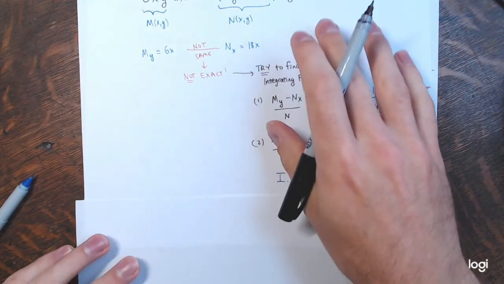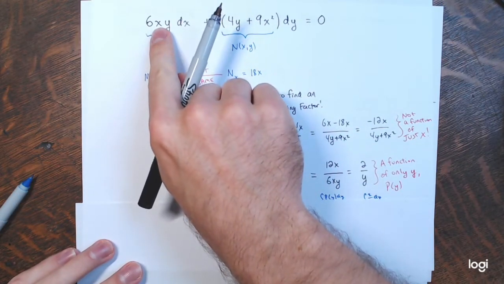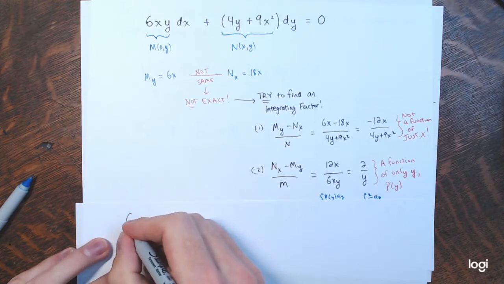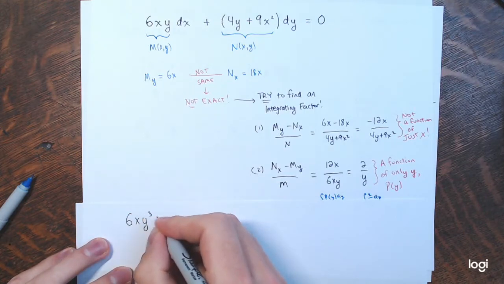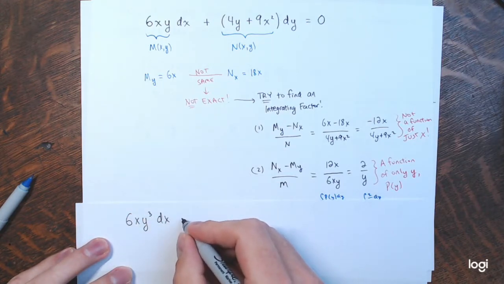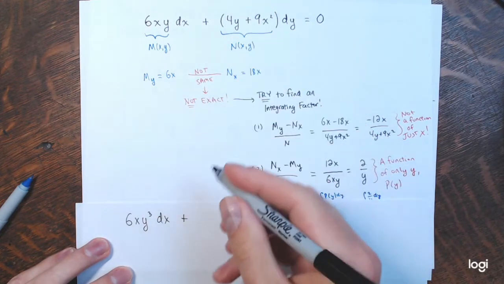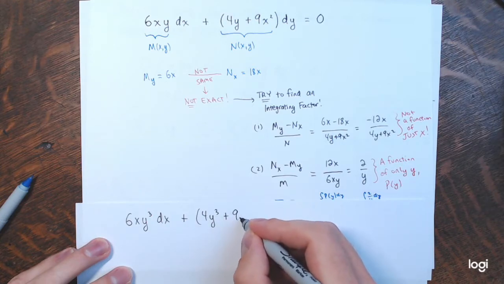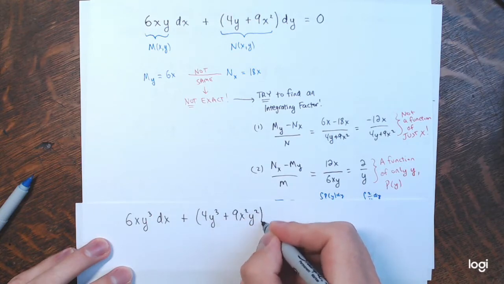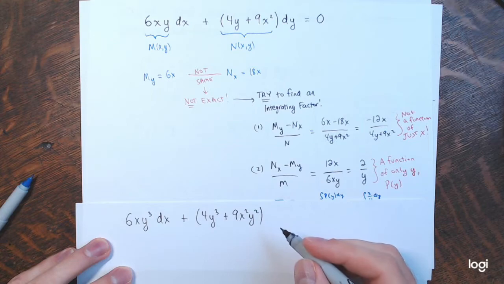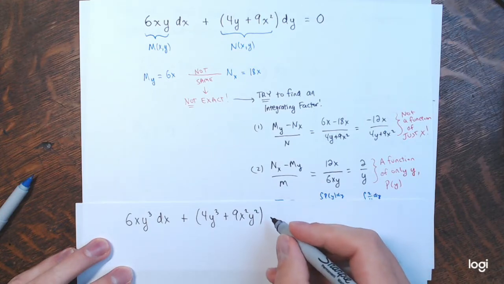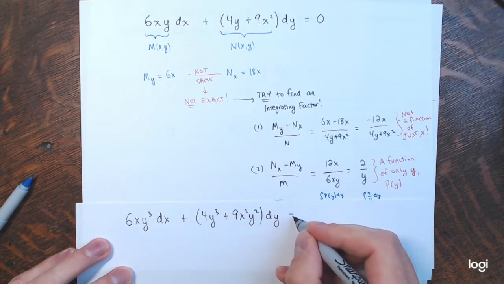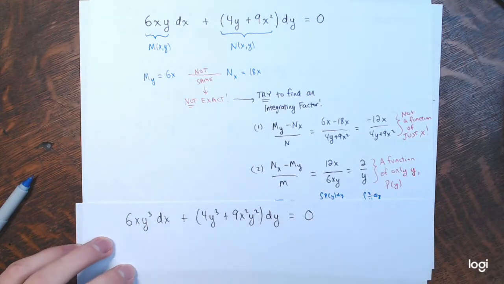So I multiply this by y squared, that'll be 6xy cubed times dx, plus, and then this by y squared, you'd have the quantity 4y cubed plus 9x squared y squared, right? You have to distribute the y squared. Then times dy equals, and 0 times y squared would be 0 still.